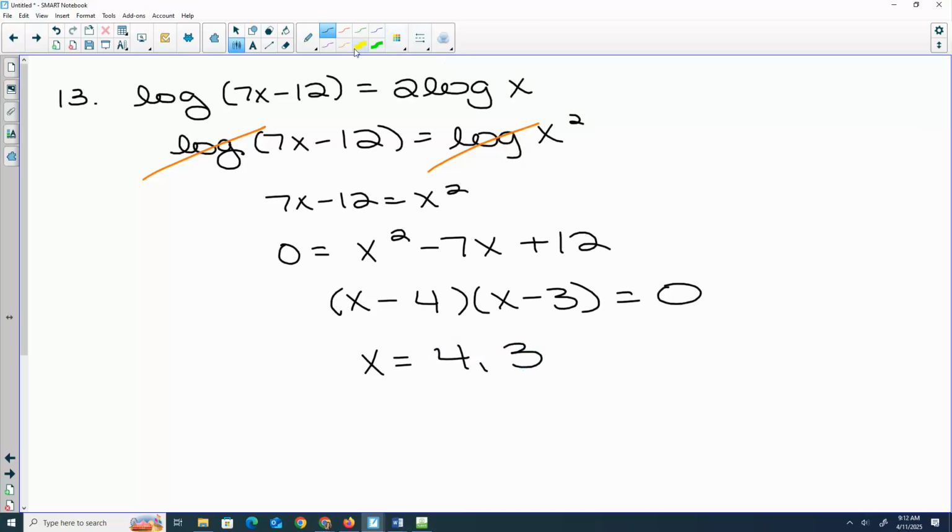We have to check. 7 times 4 minus 12 is positive. 7 times 3 minus 12 is positive. So they both work. Questions on that?